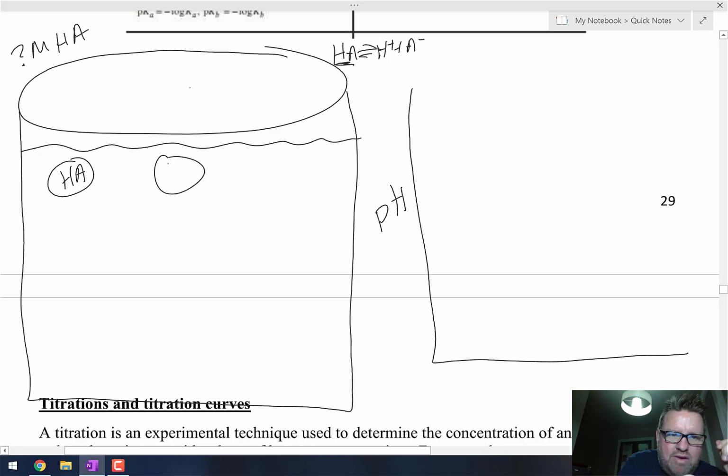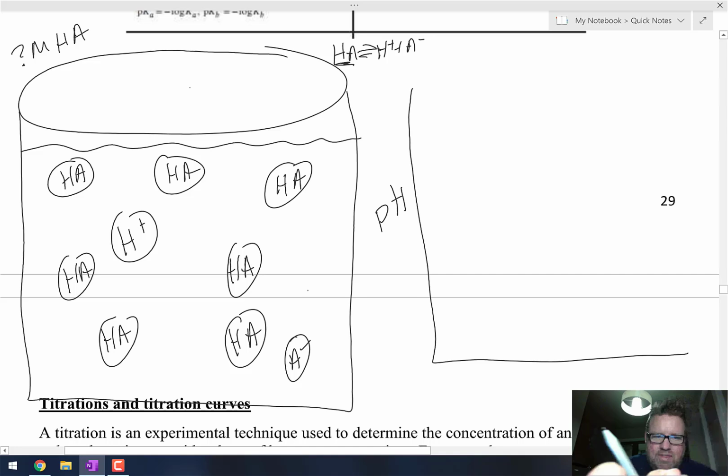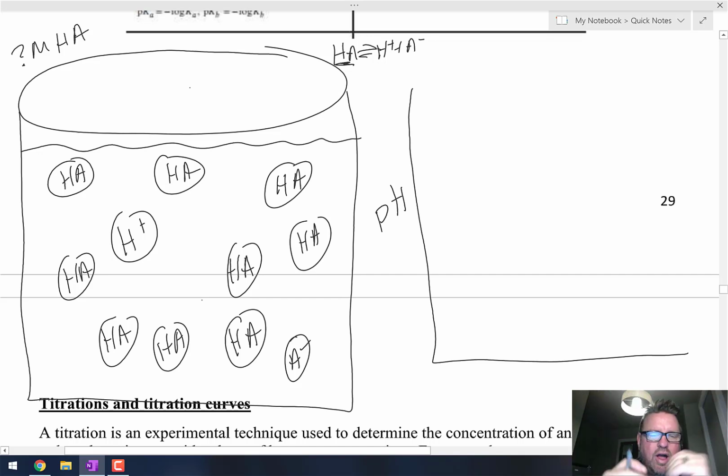Mostly a bunch of HA molecules, and a little bit of H pluses and A minuses. But even that relationship is not very good compared to how many there are in total. So 1, 2, 3, 4, 5, 6, 7, 8, 9, 10. There's a certain number of acid particles in that water solution.